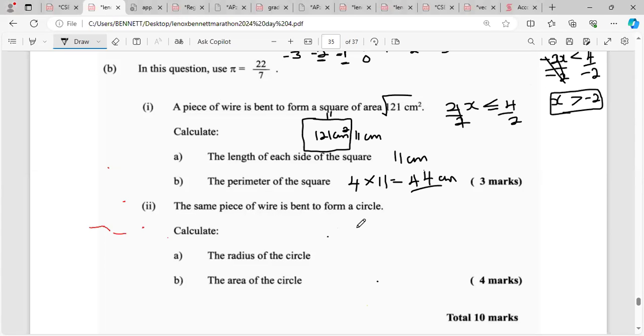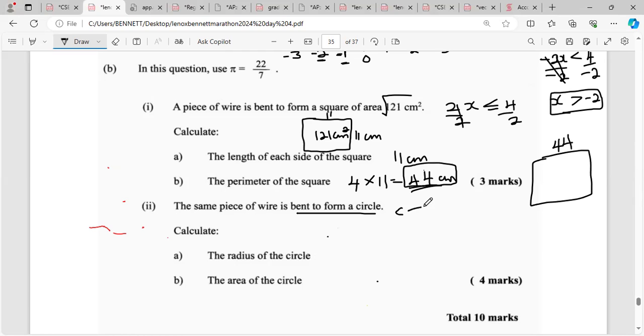Alright, so the same piece of wire is bent to form a circle. Guys, what's the original length? Wouldn't the perimeter and the circumference be the same? Because remember, the perimeter is 44. So that means the circumference of the circle has to be 44 too.